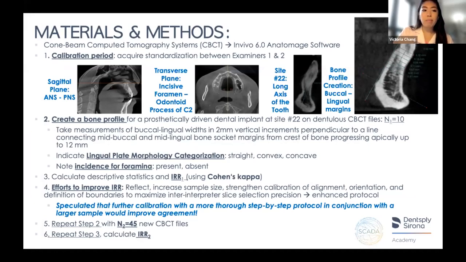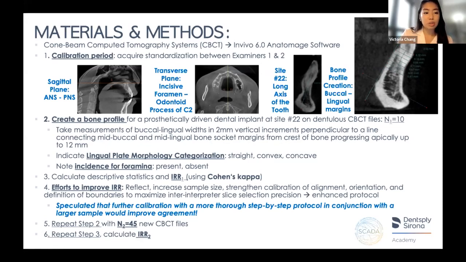To begin, my classmate and I, serving as examiners, had a calibration period where we tried to standardize how we would evaluate everything. And we included some of the radiographs that demonstrate how we oriented everything 3-dimensionally.